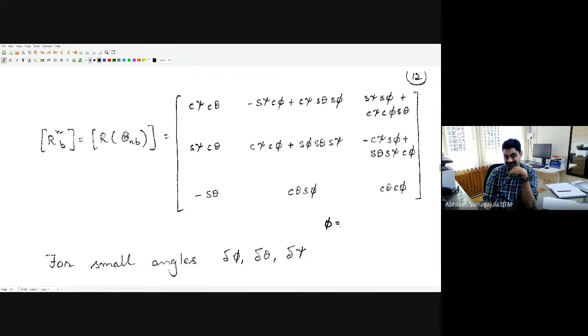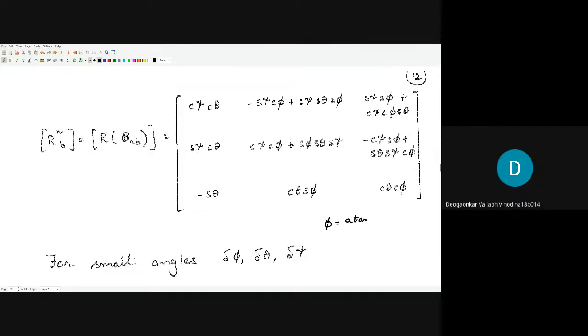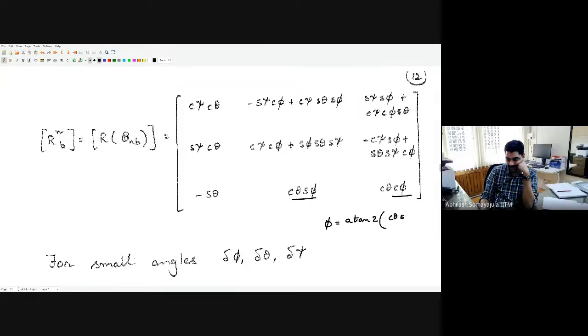The ratio of the last row's two terms, the bottom two. Correct. So I can take cos theta sin phi and cos theta cos phi, and when I plug them into the atan2, I should get my value of phi. So I need the terms R33 and R32. Tan inverse of R32 by R33 gives me phi.